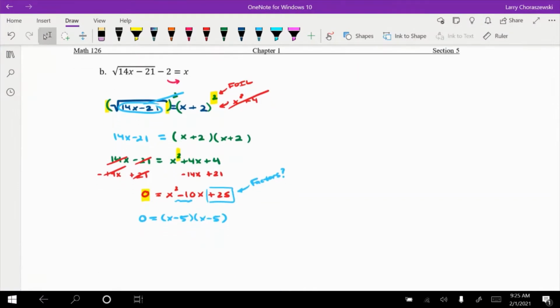You guys remember what to do if we have a side factored and the other side is 0? Something special that we do with each factor. What you end up doing is you take each factor and you set it equal to 0.